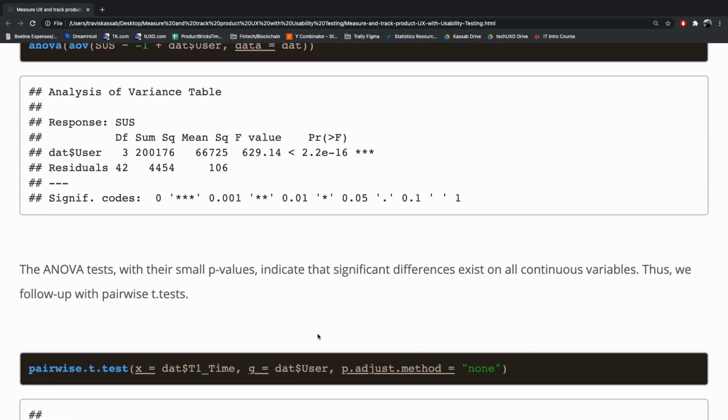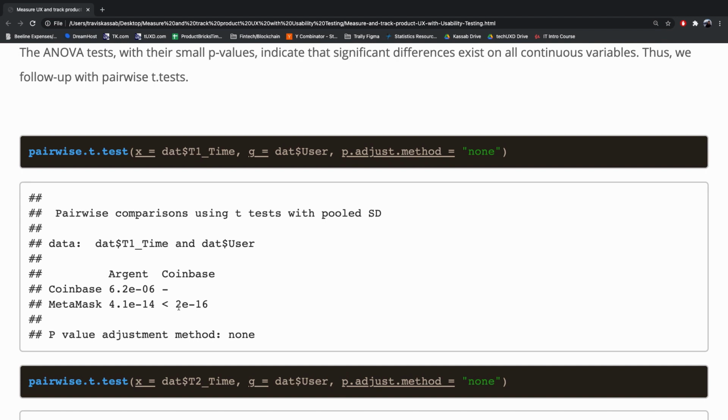So now that we know that there is significance on those tasks, now we have to go in and do pairwise t-tests, which does a t-test between each pair of the 3 wallets for each task. Sorry, that's a little backwards way to say it. But Argent, Coinbase, small p-value. Argent, MetaMask, small p-value.